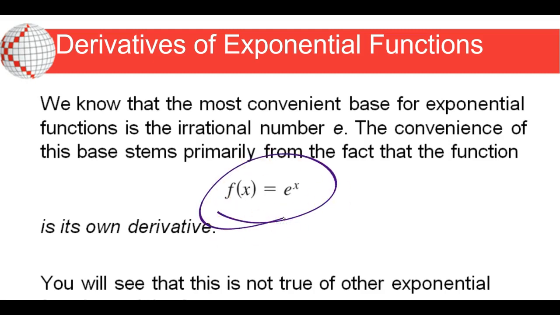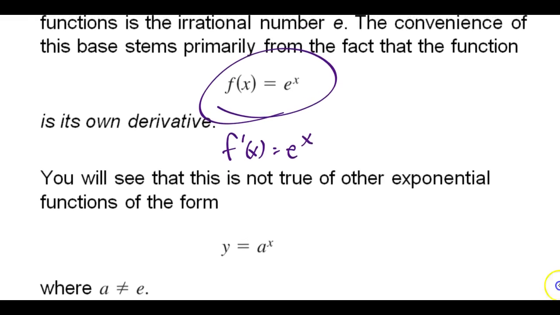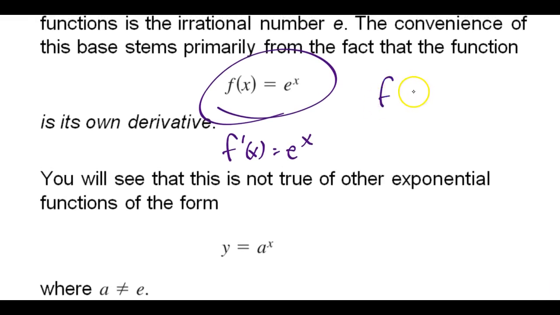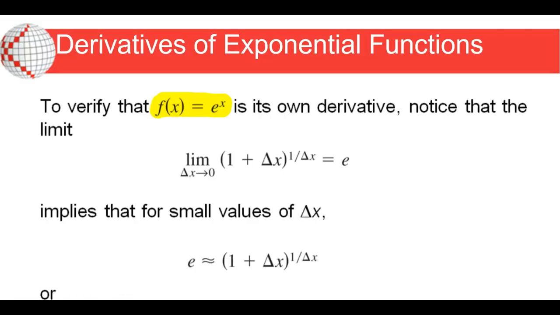If f of x equals e to the x, then f prime of x equals e to the x. There's a nice little proof for this, but to do the proof, we actually have to go back to f of x plus h minus f of x, all over h, and take the limit as h approaches 0. I've done that here for you.